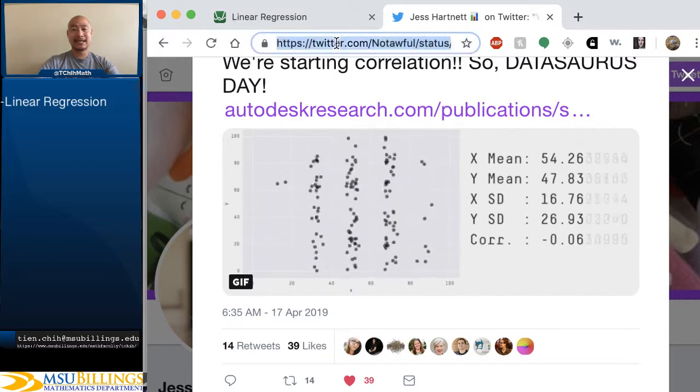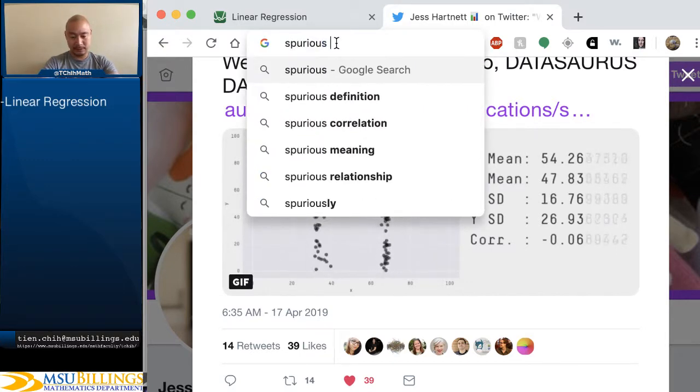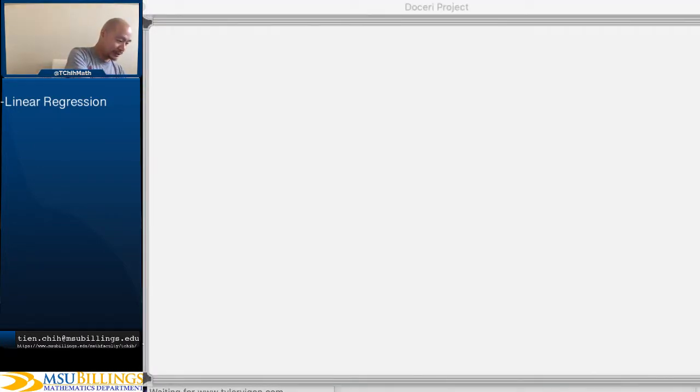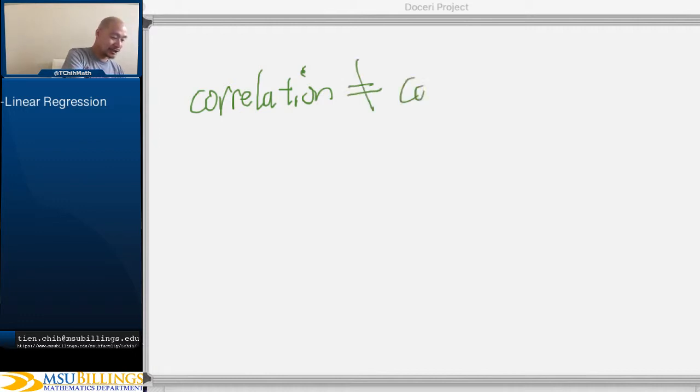A second warning is that correlation is not the same as causation. What I mean by that is just because two things are correlated doesn't mean that one of them causes the other.